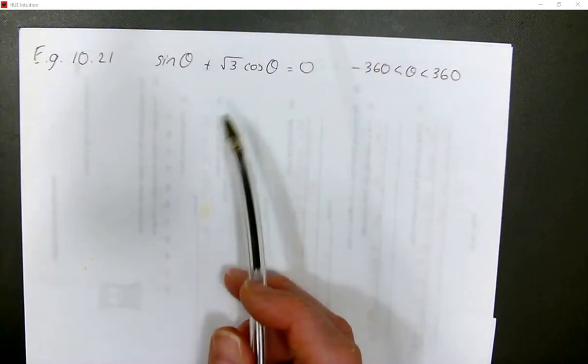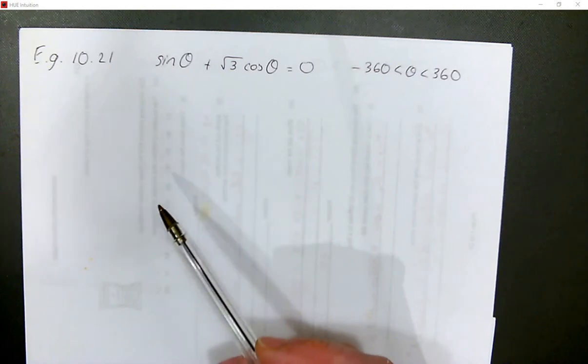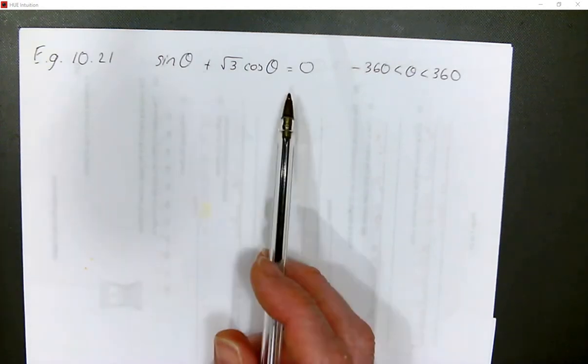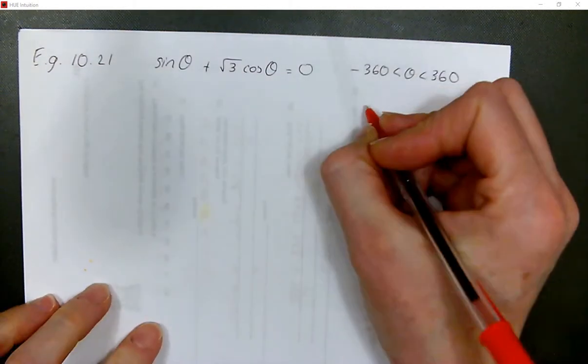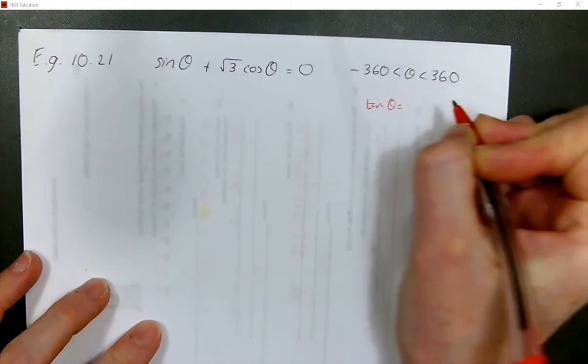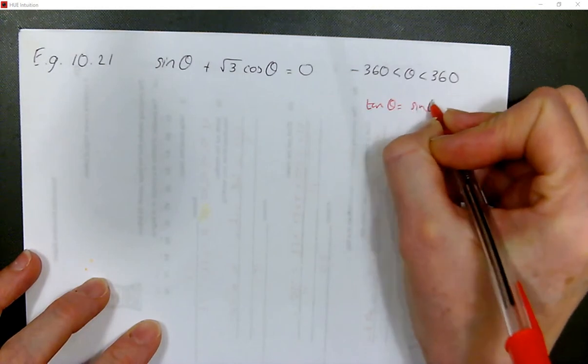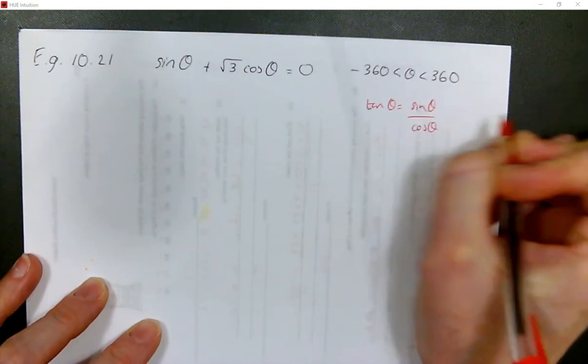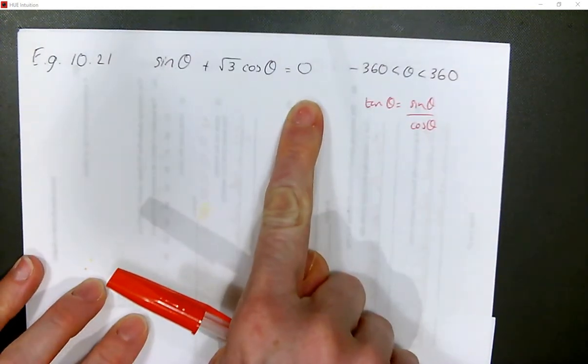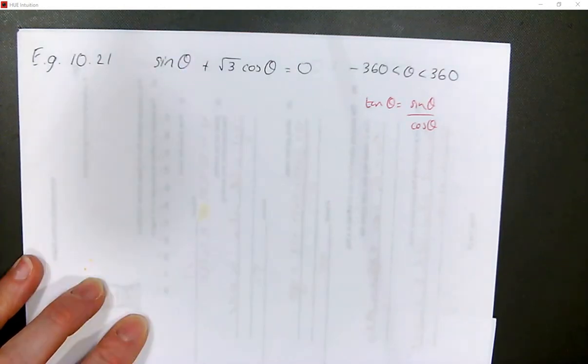Right, this time we don't have any squared terms, and we don't have any sine or cos to factorise. So we're going to use the other identity, and if we remember, that was that tan theta is sine theta over cos theta. We can't solve this equation at the minute because it isn't in terms of a single trig function.